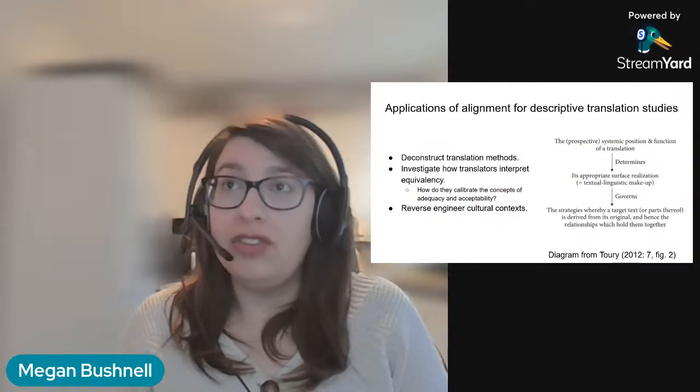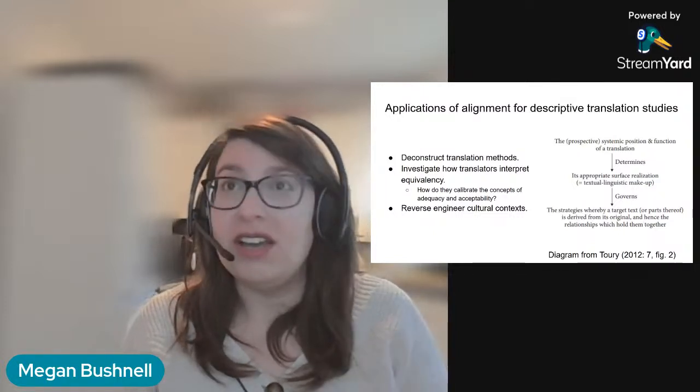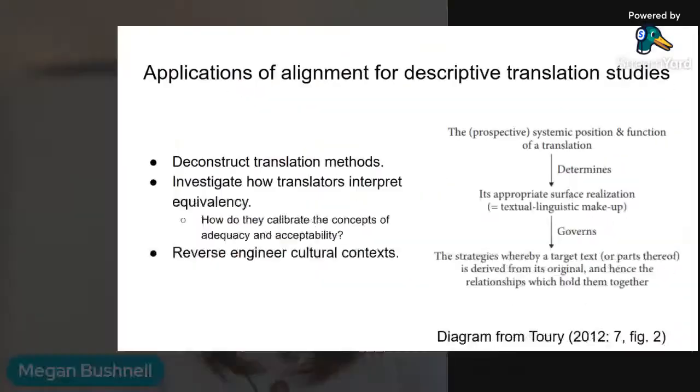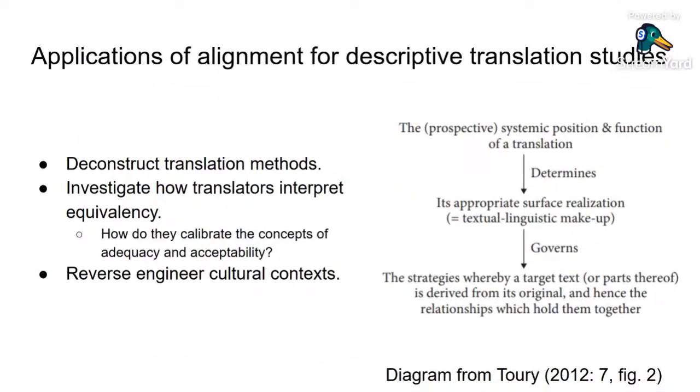So the goal of descriptive translation studies, or DTS, is to reconstruct the actual process of translation. And alignment can help with this by identifying which input, i.e. which part of the source text, yields which output, which part of the translation. It's then possible to interrogate the process by which one transforms the other in order to interrogate the nature of their equivalence.